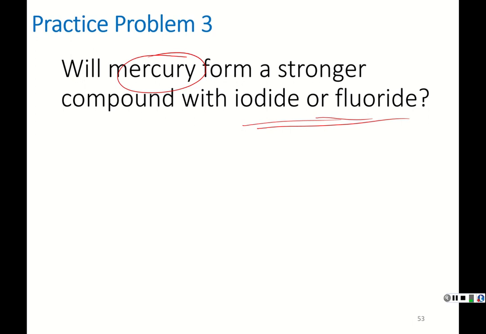So fluorine is the hardest base, and iodine is softer. Since mercury is soft, it's going to preferentially bind with iodine, making a stronger bond than it would with fluoride.